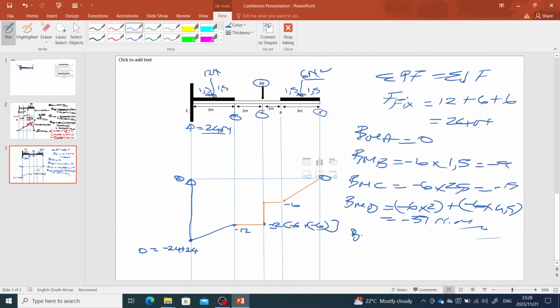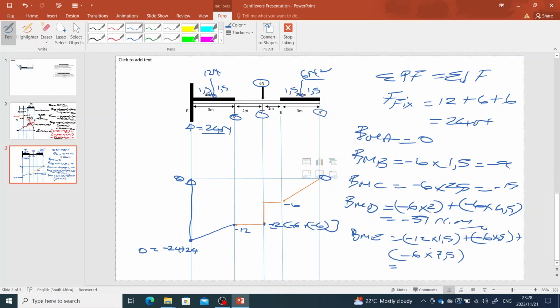Then bending moment at E, the fixed point, it will be -12 multiplied by 1.5 plus -6 multiplied by 5 perpendicular distance plus -6 multiplied by 7.5 perpendicular distance.